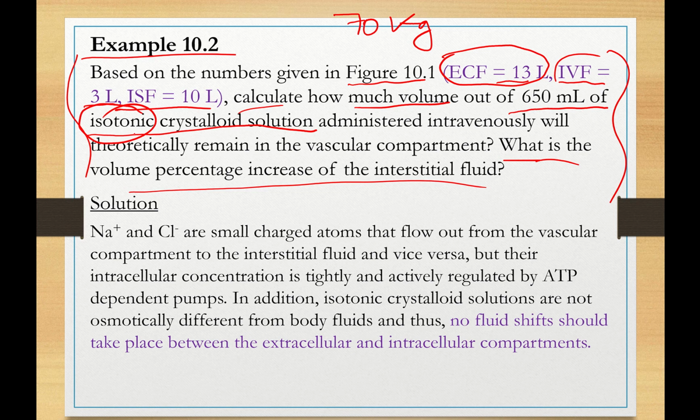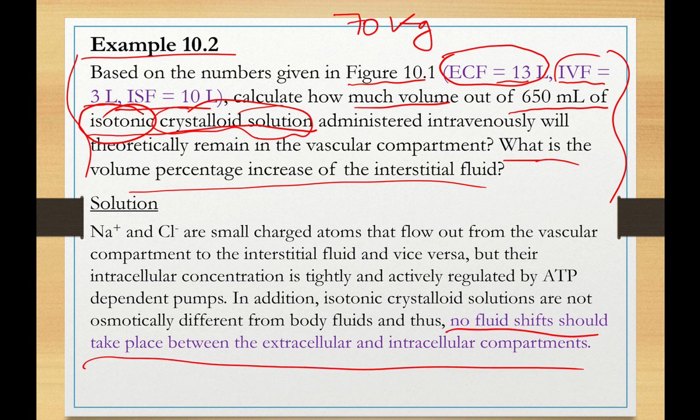Since it is isotonic, it's not going to cause any fluid shifts between these two compartments because there is no electrolyte imbalance here, right? And because it's an electrolyte, it doesn't go inside the cell, so everything remains in the extracellular volume of fluid. So that makes our task much easier.